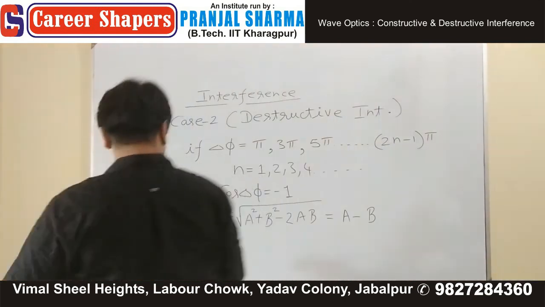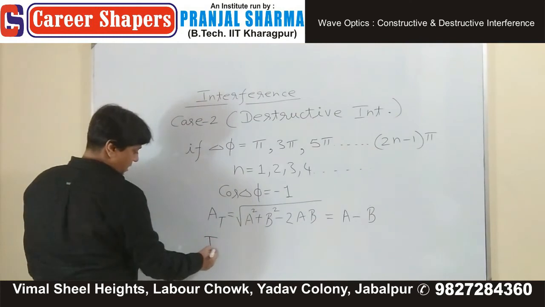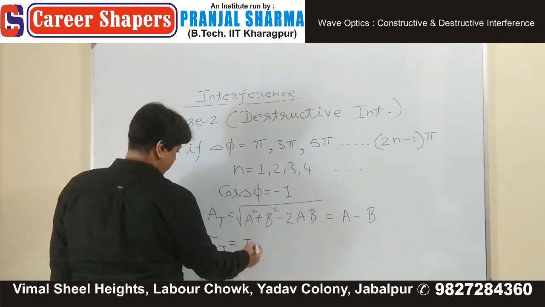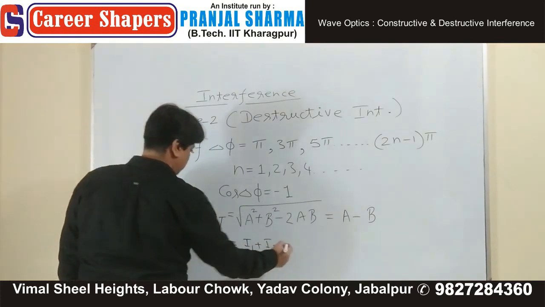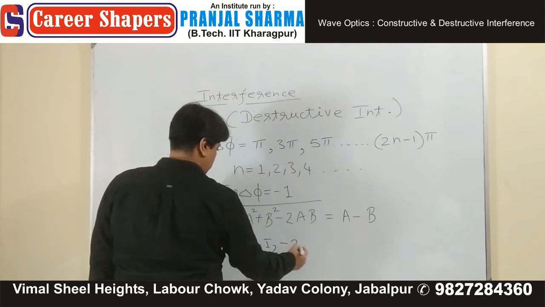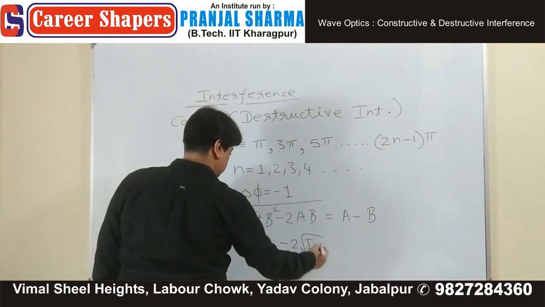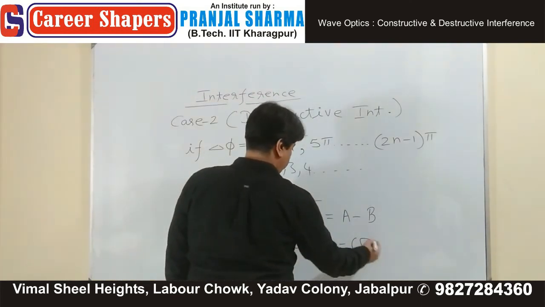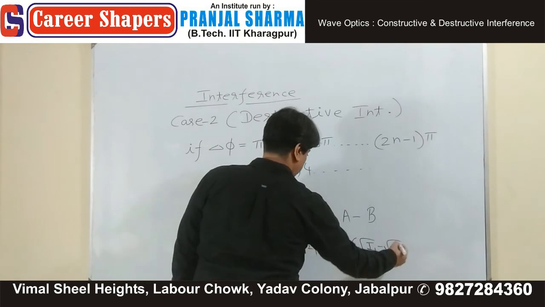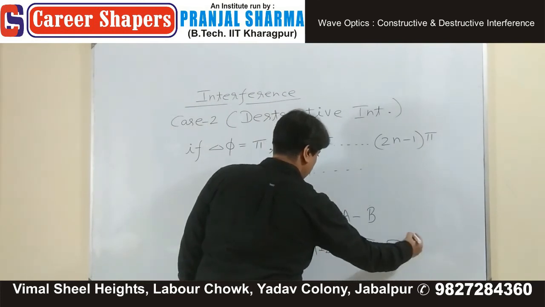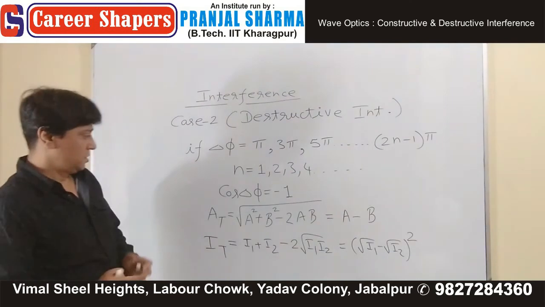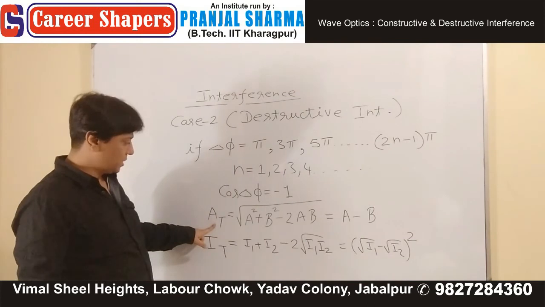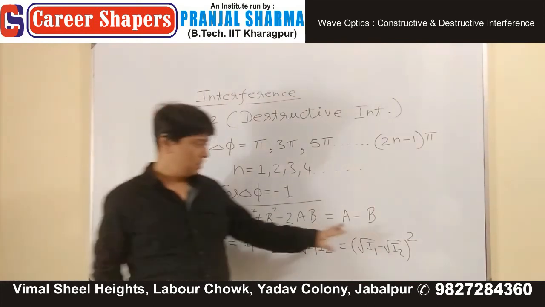Let's also write the intensity part, I total, which will be I1 plus I2 minus 2 root I1 I2, or simply root I1 minus root I2 whole square. We'll understand this graphically also, but that's how you will find your A total, and this is your I total.